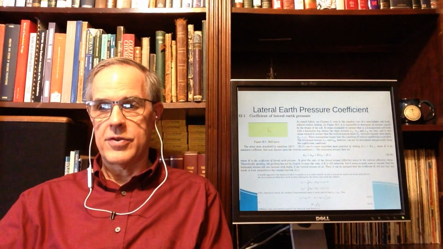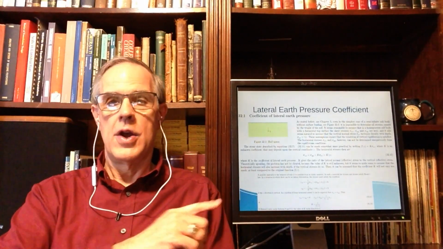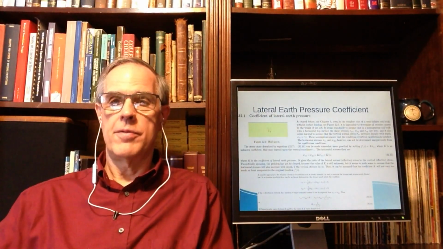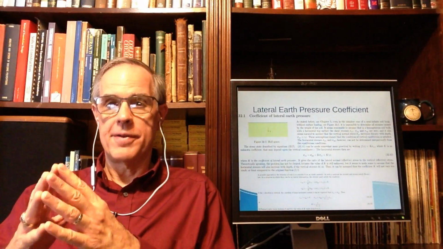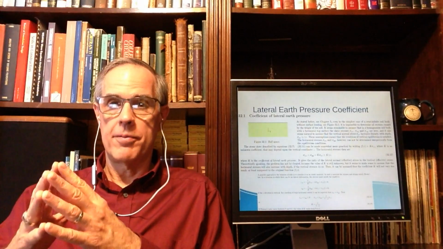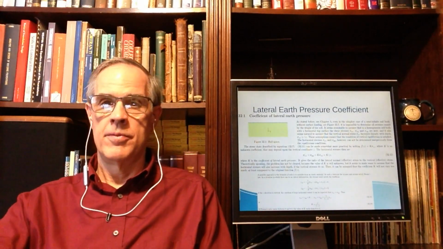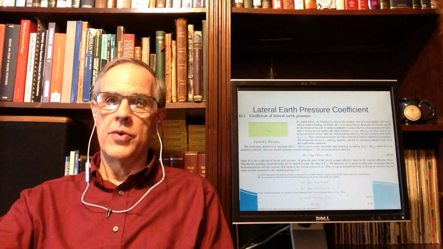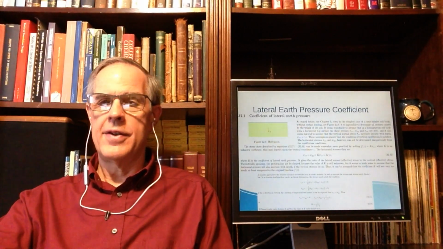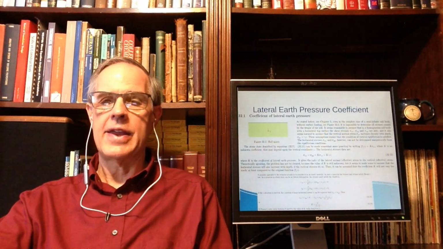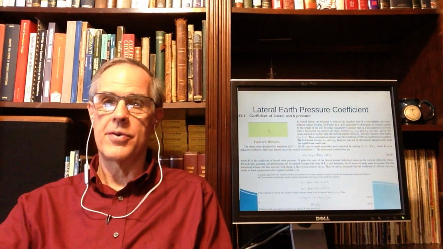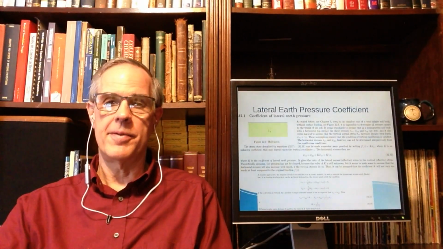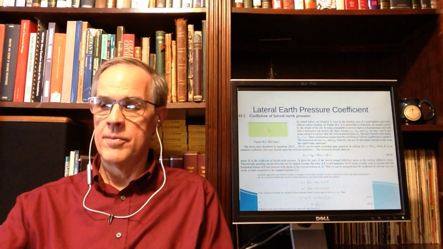In theory, and there's also the formula here, it gives you the relationship for a purely elastic medium, which is based upon Poisson's ratio. The reason why we tend to stick with K rather than using a Poisson's ratio approach is obviously because soils are not as linear as we would like them to be, usually not at all.